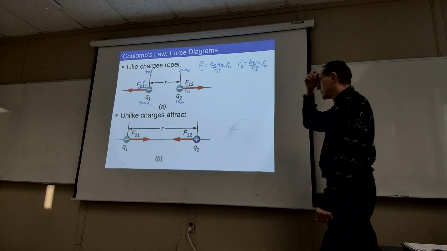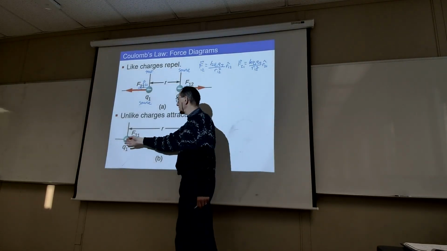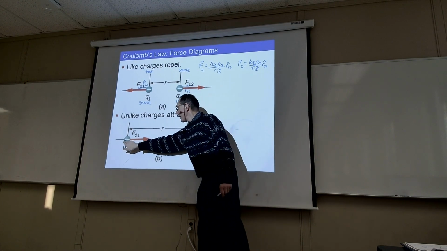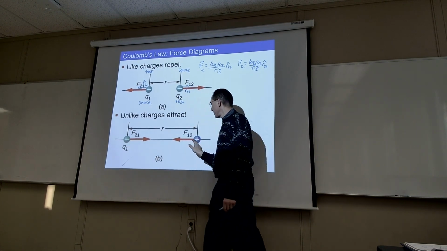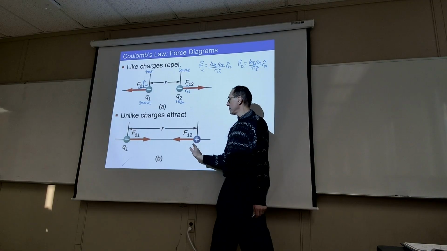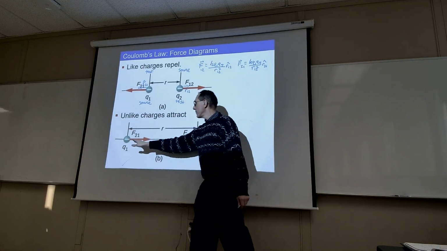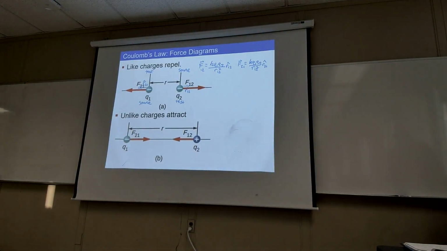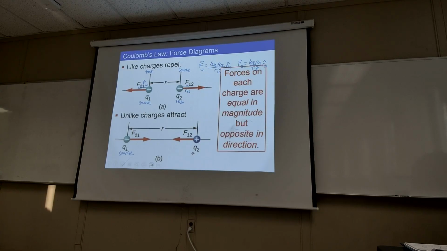Okay, and you can do a similar analysis if I have two unlike charges. In this case, if I want to calculate the force on Q2 due to Q1, my radial unit vector would point to the right, from the source charge to the test location. So this is now my source, my test.